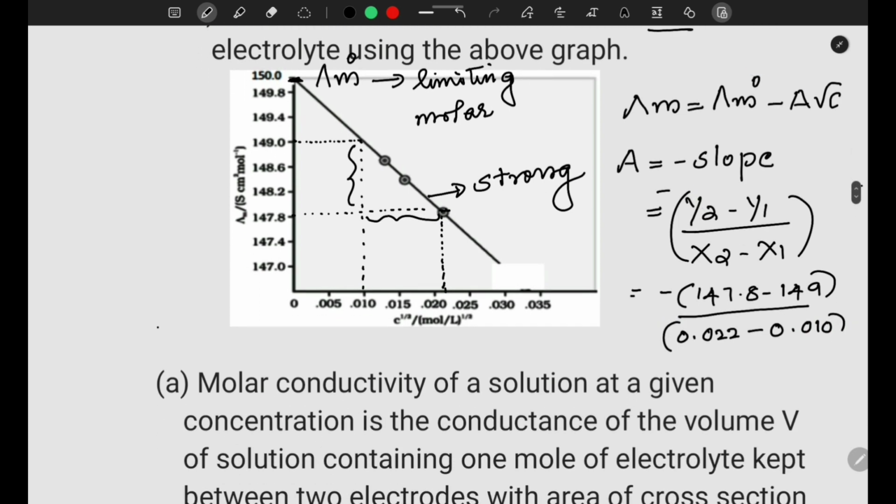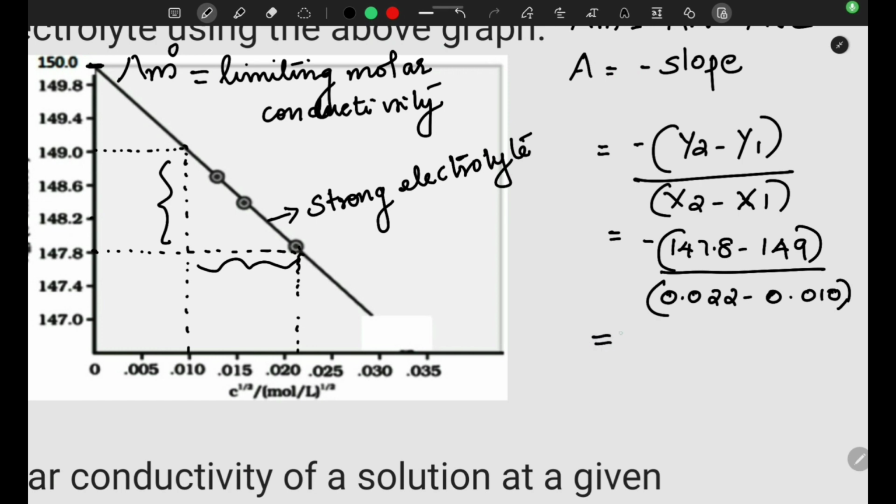So when we take the difference, 147.8 minus 149 will be minus 1.2, divided by 0.022 minus 0.010, that is equal to 0.012.